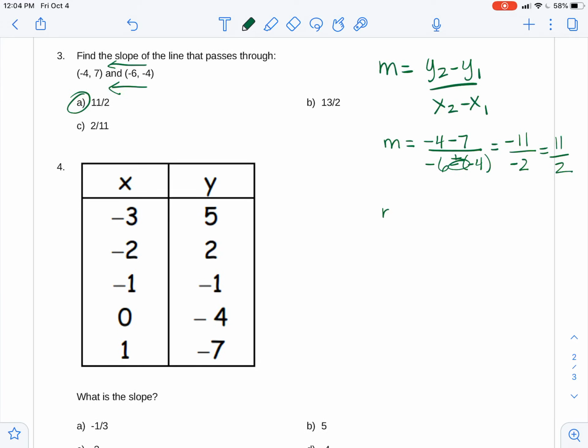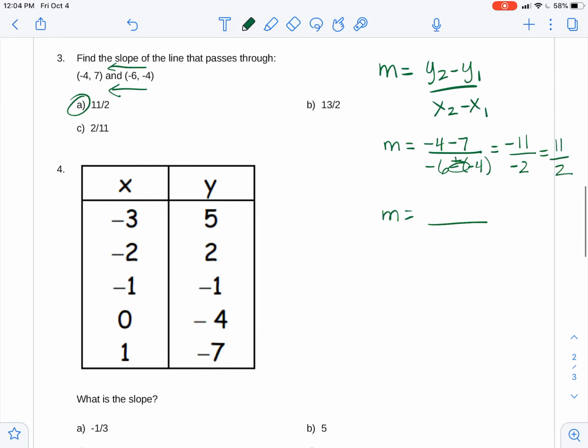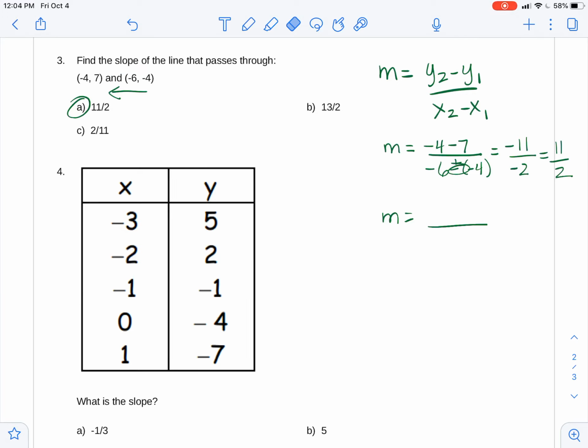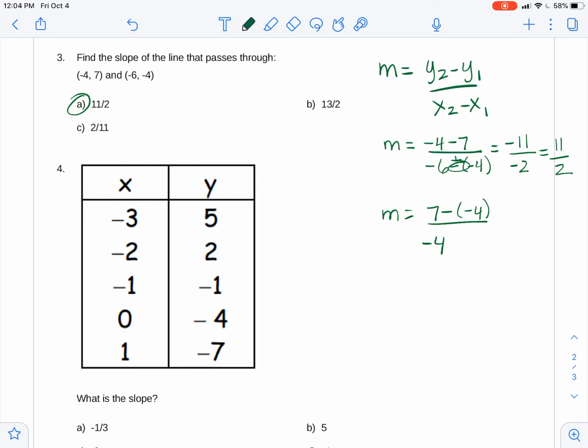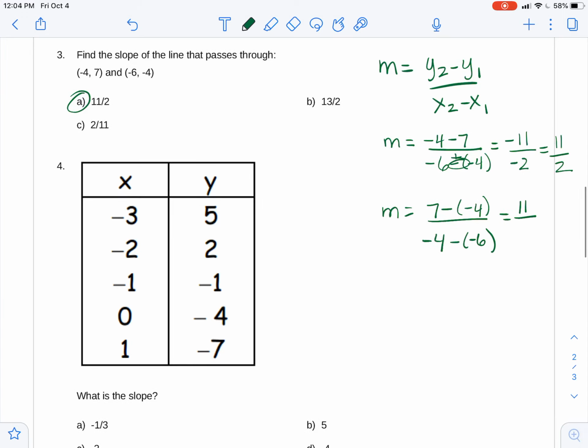Now, I could definitely do it a different way. Maybe I don't want to do that way. Maybe I like doing 7 minus -4. I just always want to go from left to right like I do everything else. And it would be -4 minus -6. And again, when I subtract, I'm going to get 11 over, so there's my double negatives, over 2.